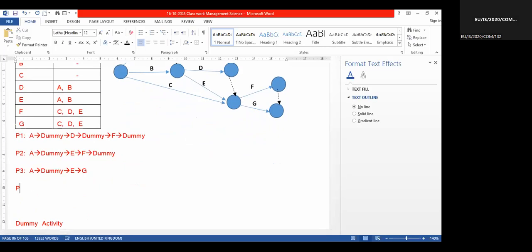Path 4, P4: B, D, dummy, F, dummy. Okay?